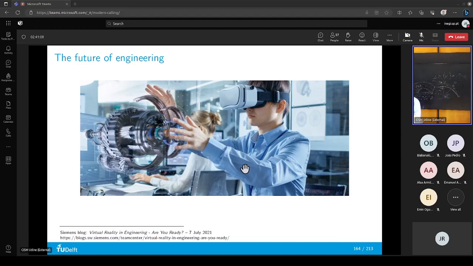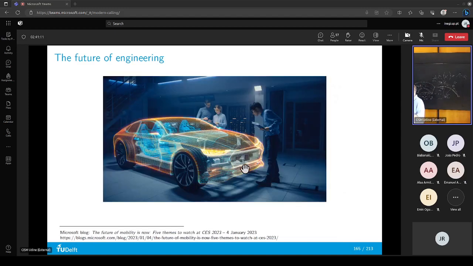And I stole this from Microsoft, which is how they think maybe about designing cars, and they focus very much on the visual aspects, but we of course would be interested in what the aerodynamic property of this is, or the structure property of this.